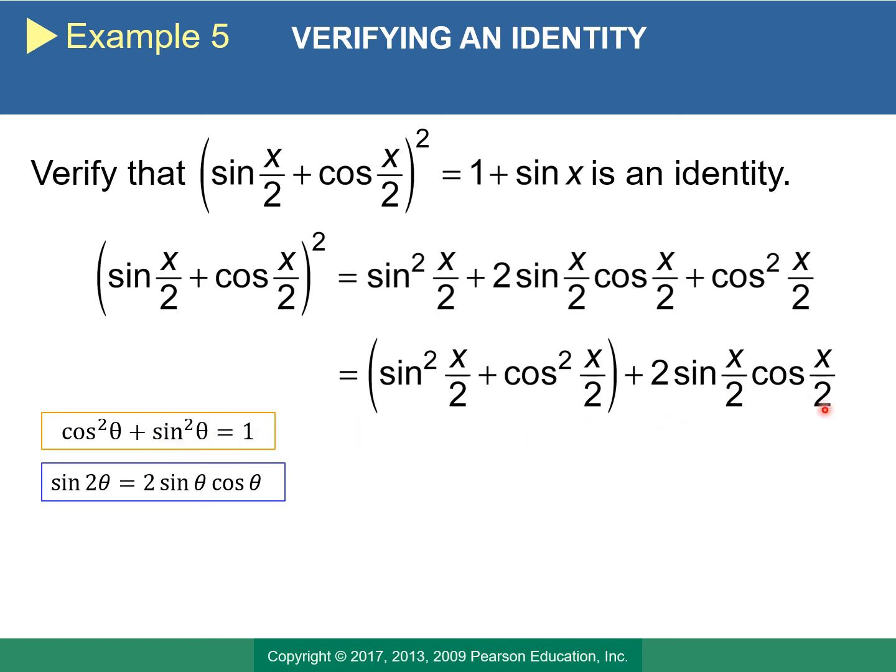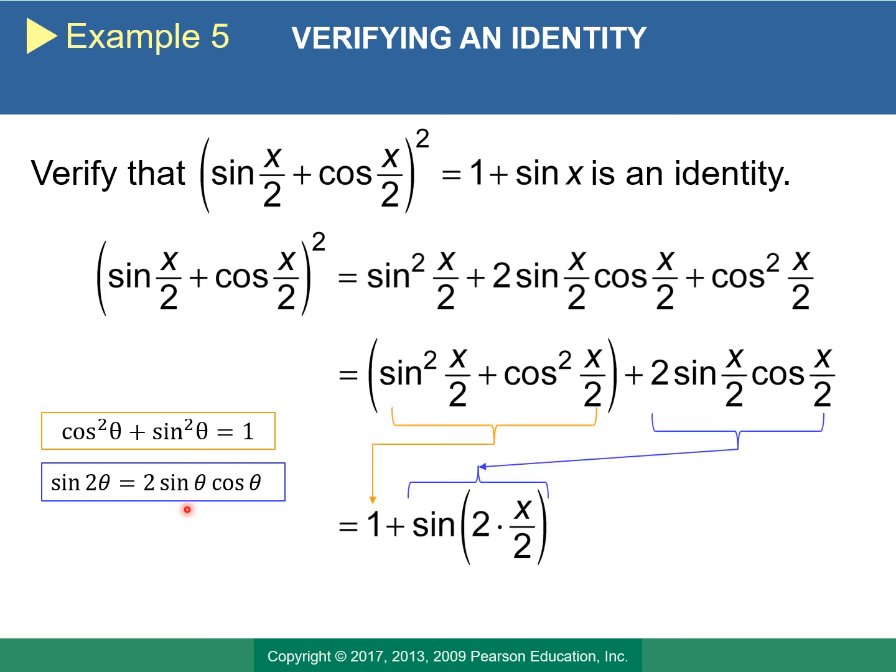This also hopefully looks a little familiar. This is your double angle formula for sine, just replacing the thetas with x over 2. So we're going to use both of these previously learned identities to simplify what we're working with. The parentheses just becomes 1.